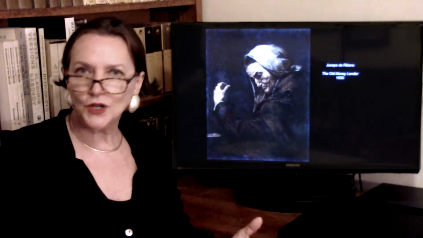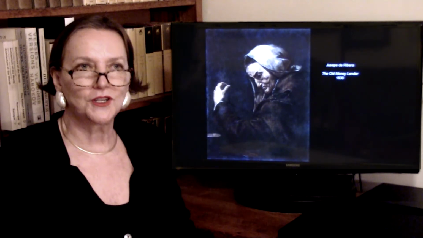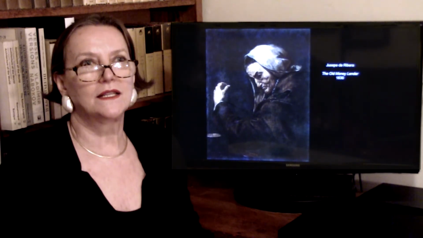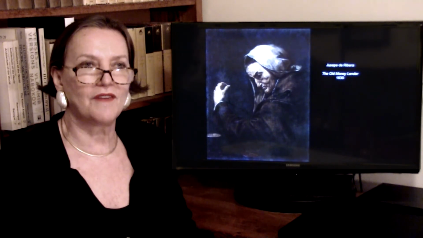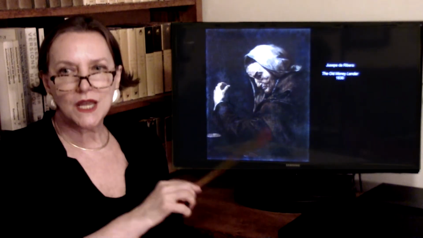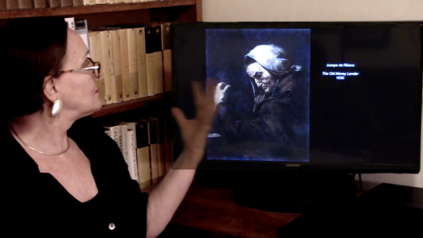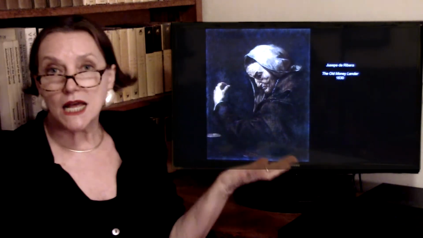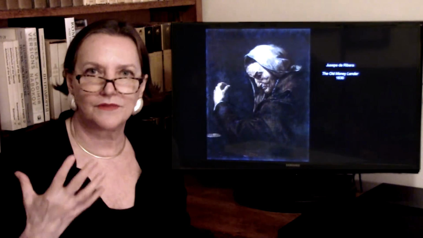They may all go to church and profess to be Christians, but everybody charged interest, and frankly the highest interest was charged by the Vatican. So here is Ribera. He shows the old moneylender, and it's just a completely realistic portrait.